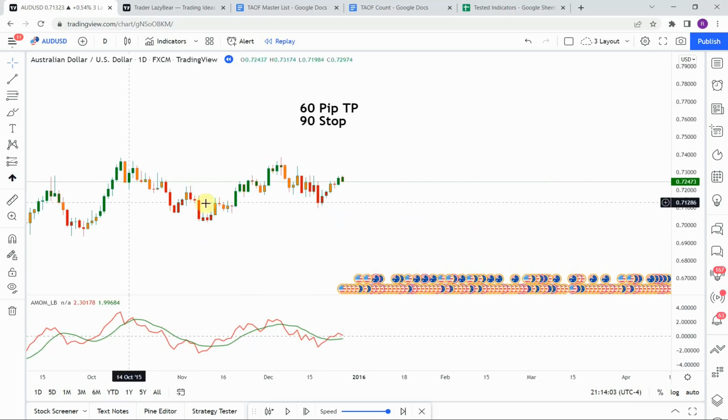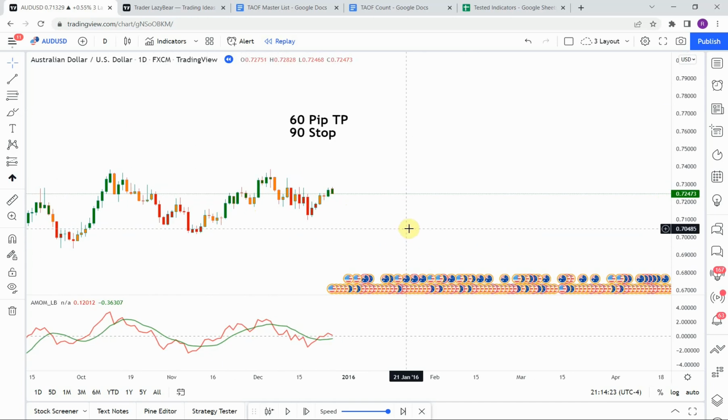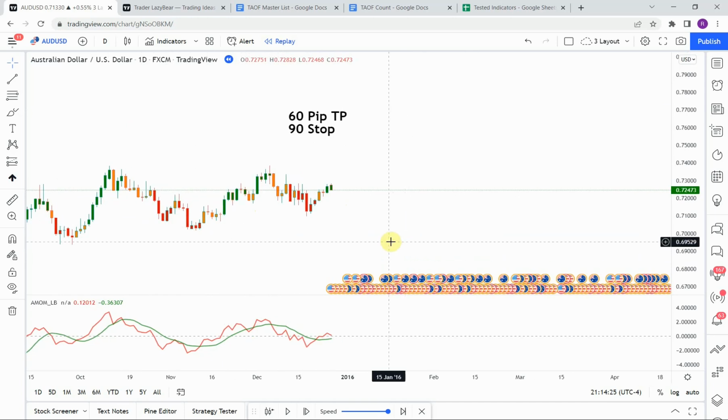When we get a red candle, then we are going to go short. The orange candles are basically a sign of range or consolidation, something along those lines. So again, we're just looking for the green candles for longs and the red candles for shorts. Let's go ahead and get on with the testing and see what we can get out of this.